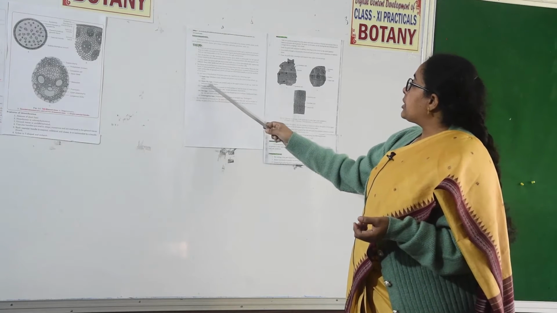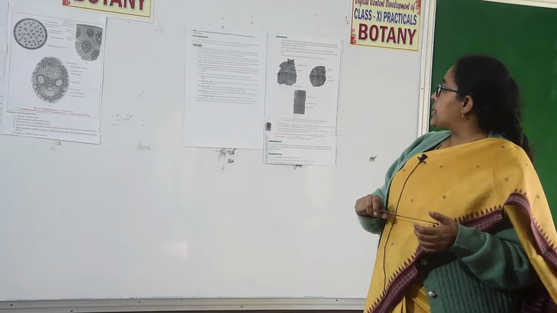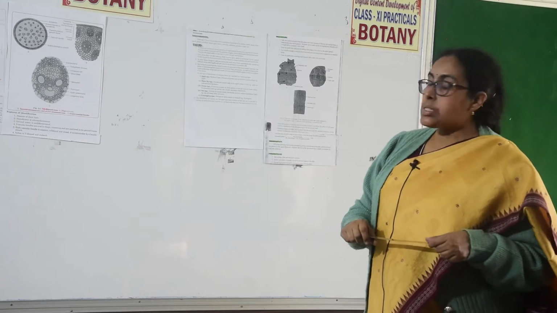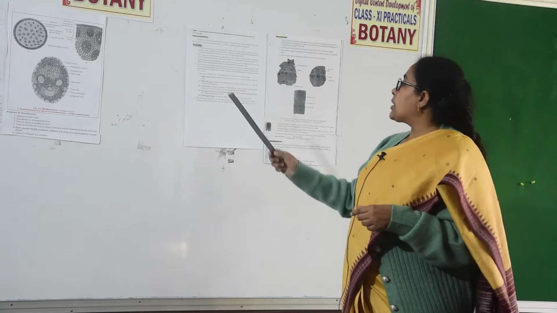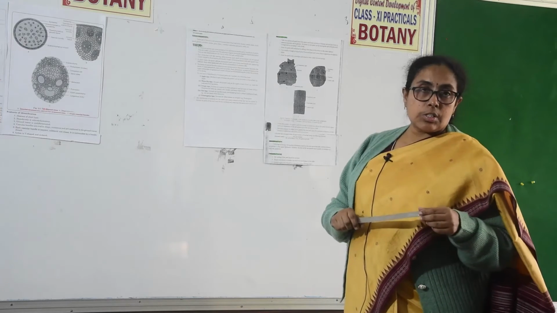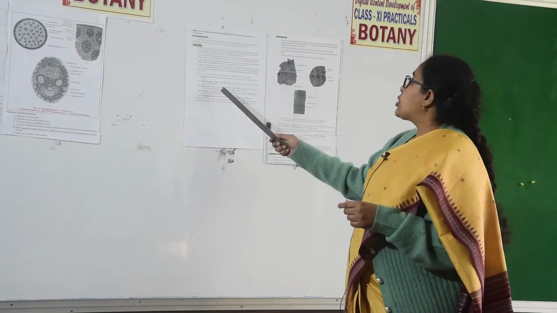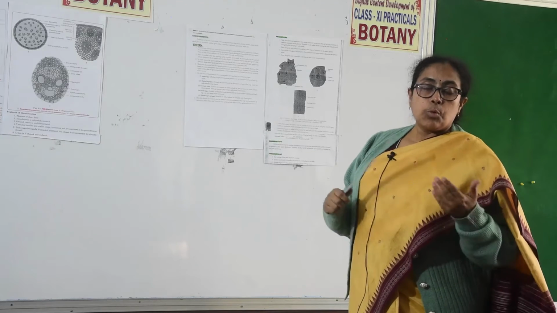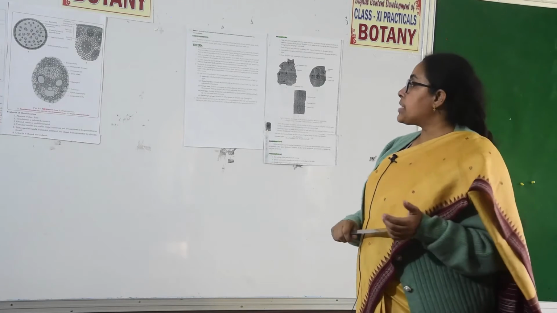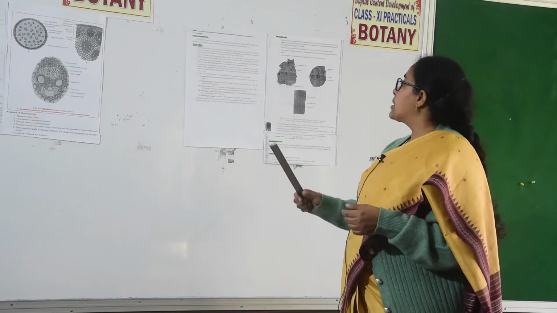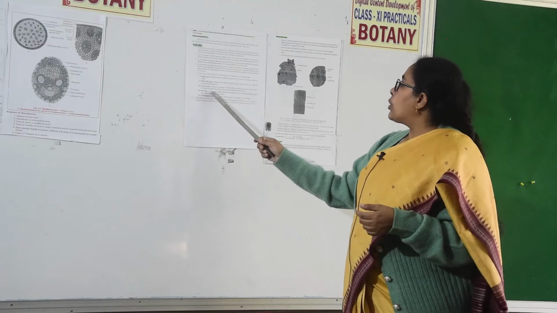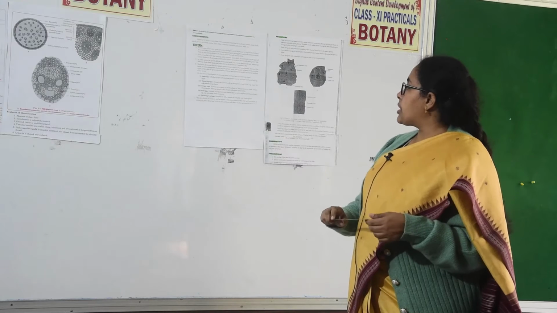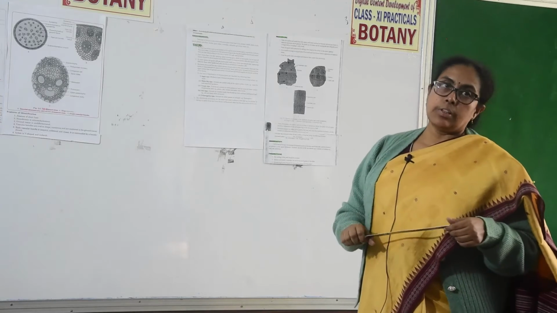Second is the water lily type, where stomata are present on the upper surface, mostly in floating plants. Third is the potato type, mostly found in the dorsiventral leaf, where the stomata are present on both surfaces, but more on the lower surface as compared to the upper surface. Then the oat type, where stomata are evenly distributed on both surfaces, in the isobilateral leaf, that is your monocot.